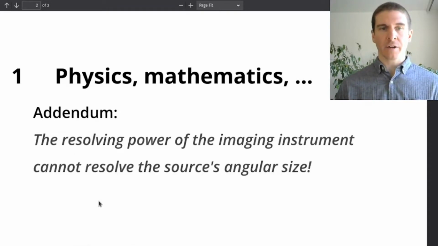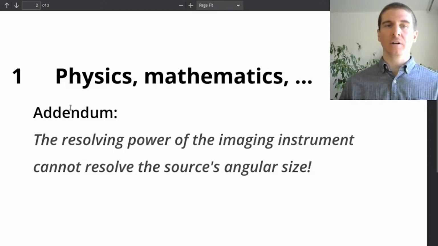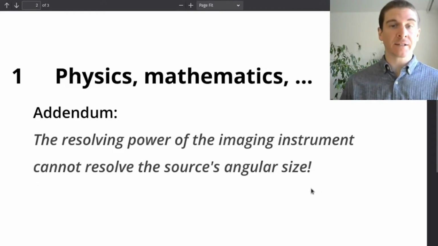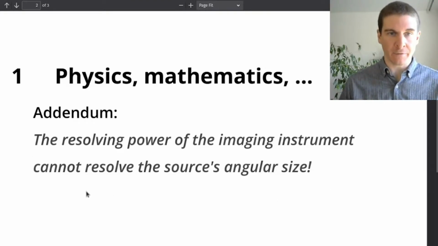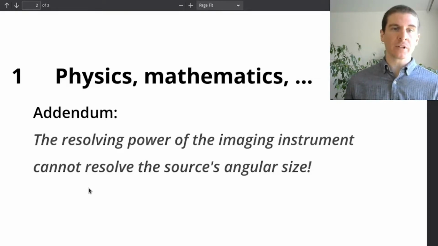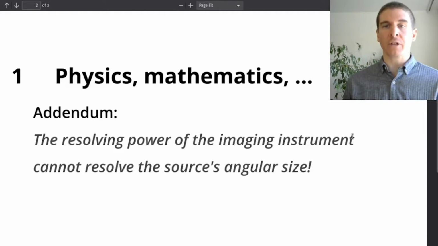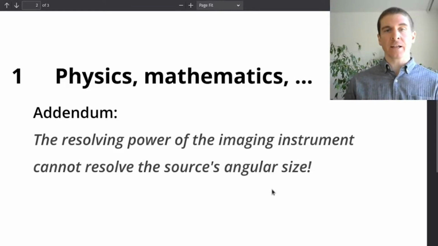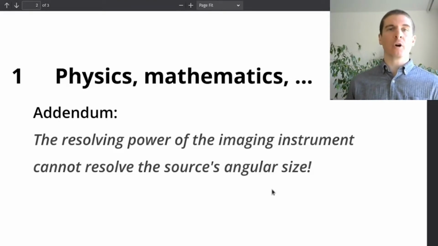And therefore, there's oftentimes a practical advice added to this definition regarding when such a point source model is meaningful to be used, and it says that it is meaningful when the resolving power of the imaging instrument that we have is smaller than the source's angular size.